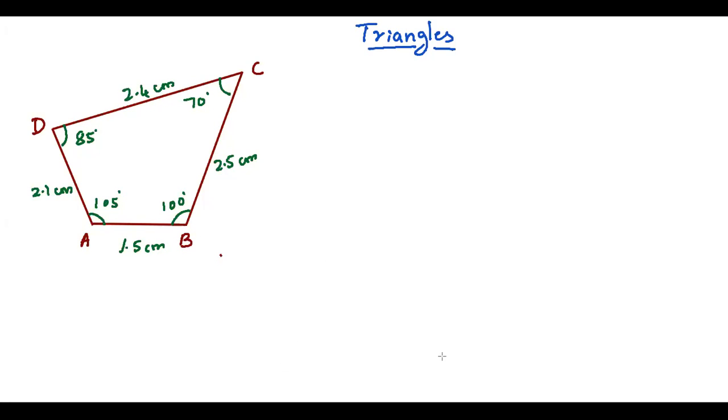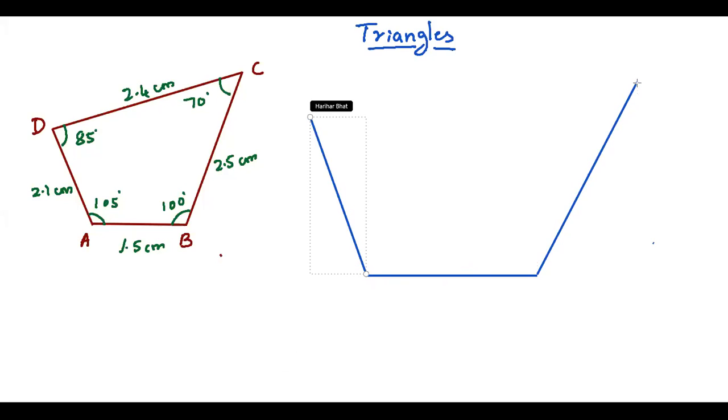Now let me draw the next figure, that is our comparative figure, the similar figure. The point I should keep in mind is that the shape should be the same. What will change? Only the size of the figure will change.